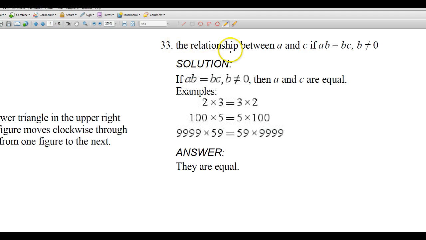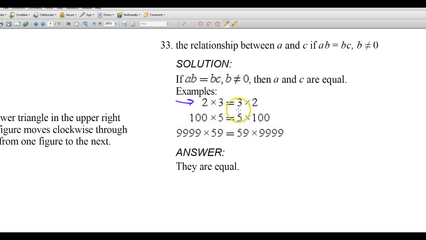For number 33, the relationship between A and C, if AB equals BC and B is not equal to 0. So we want to test specific cases here. So let B equal 3. So in order for these two to be equal, if B is equal to 3, A and C would both have to be equal to 2.